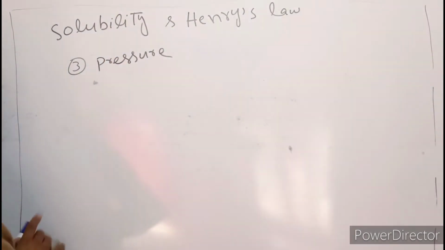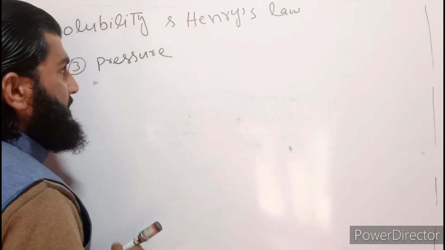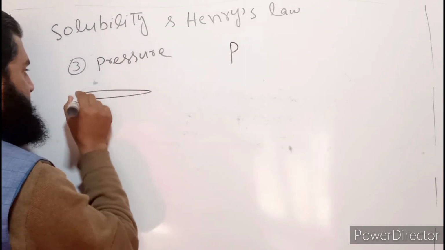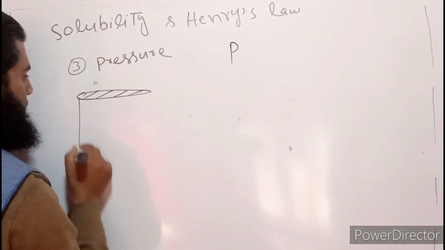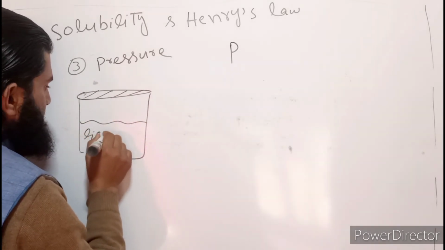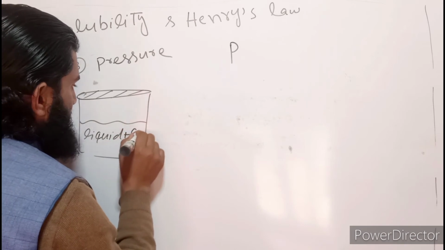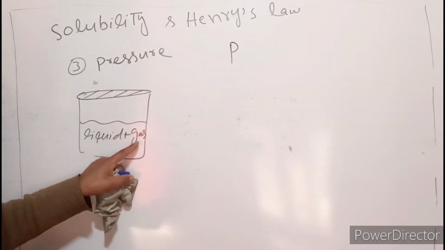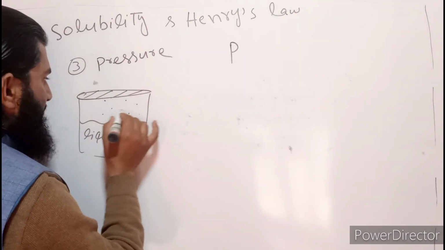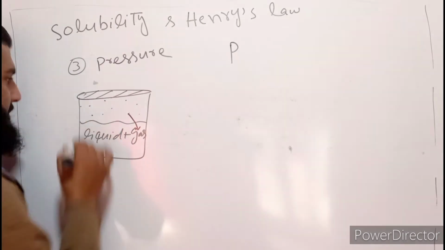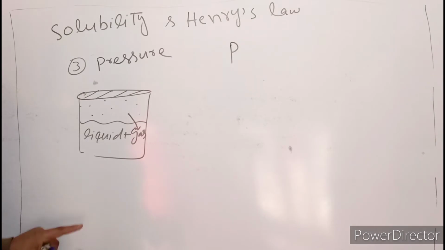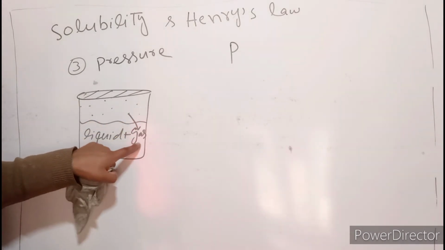So according to Henry, he said that the partial pressure, suppose for example, this is a closed container and this is a liquid where gas is dissolved, and there are vapors of this gas.